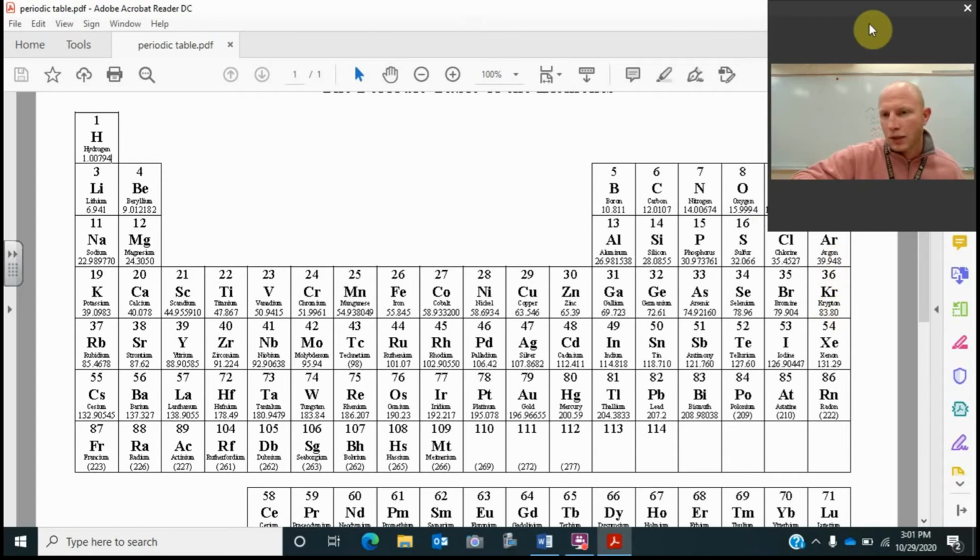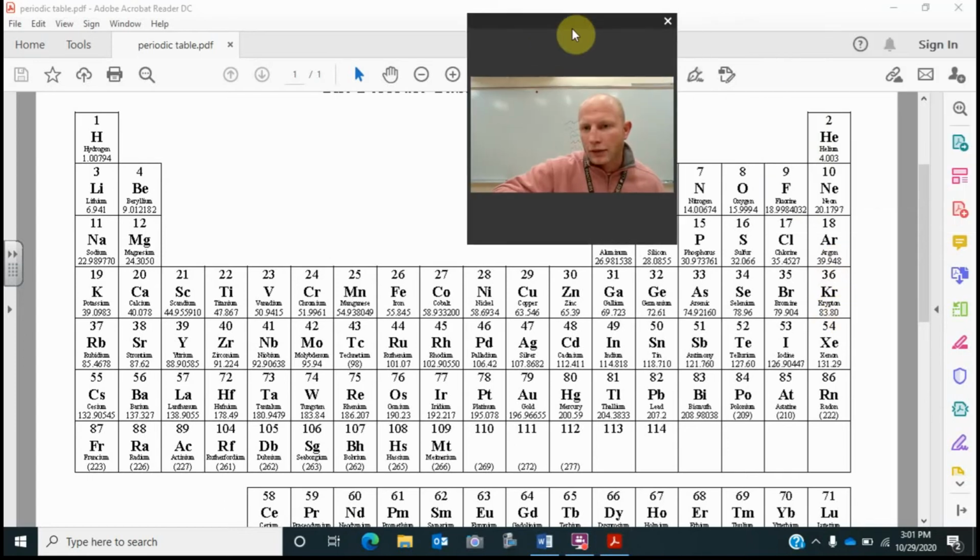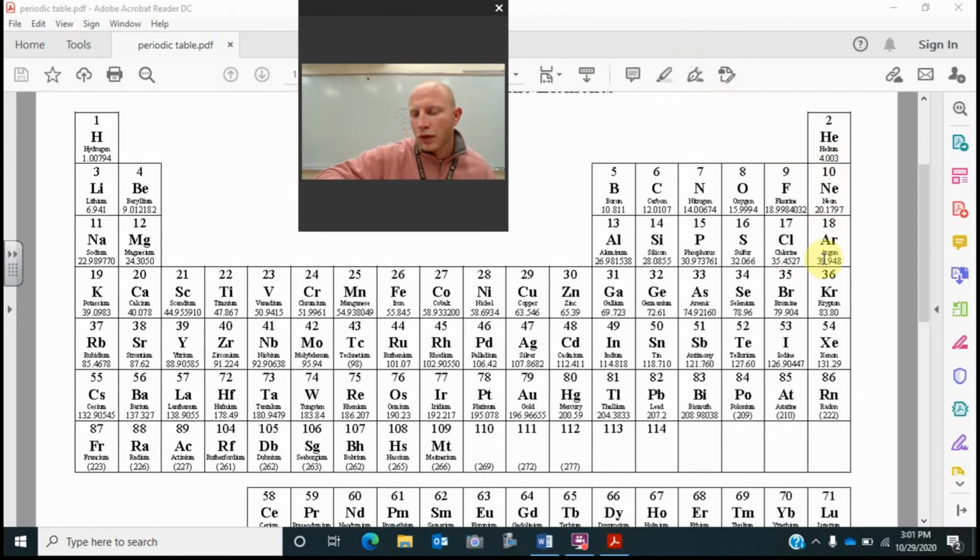Okay, and then our nonmetals are all on the right side. And how do they all begin to look like the noble gases? Well, fluorine, chlorine, bromine, iodine, and astatine. All of these guys in this group will gain 1 electron, making them -1. That would be their oxidation number.